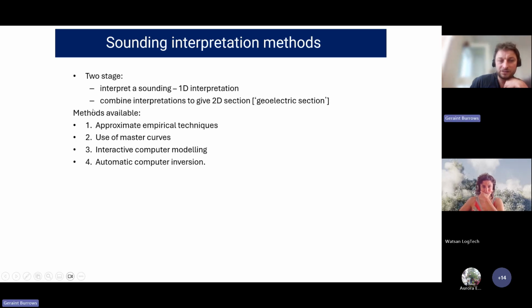There's different ways to interpret a 1D sounding. Historically, people used master curves, but of course now it's all about software, computer modeling and software. And we're going to be using a very simple software that's effective in the practical after the next break.